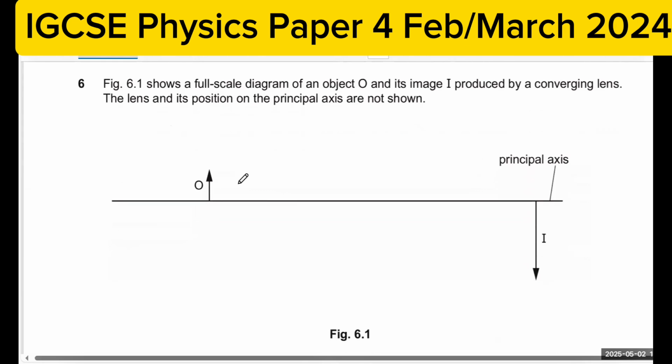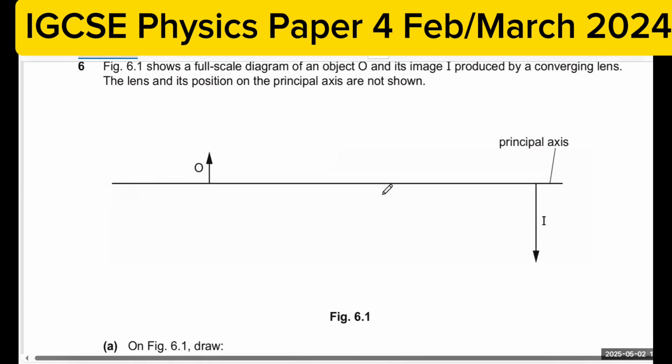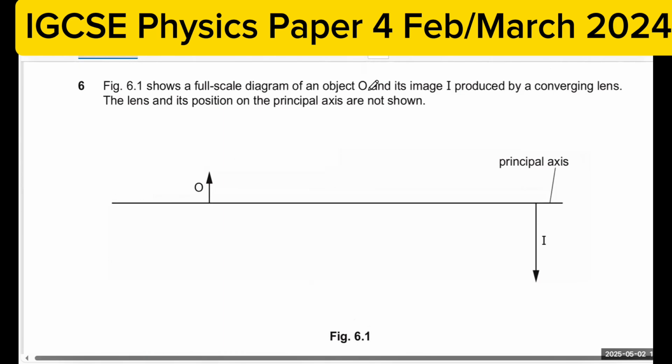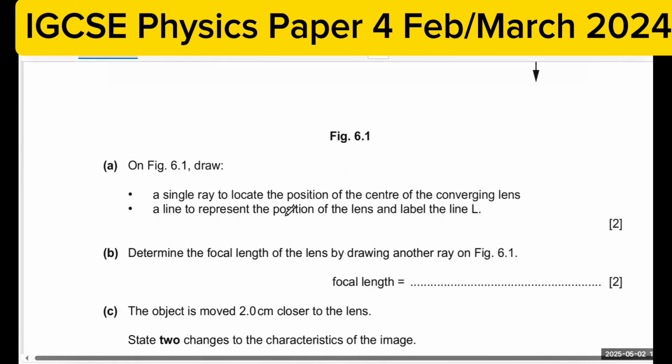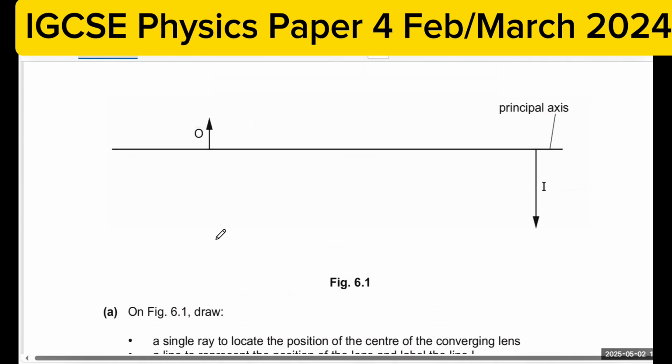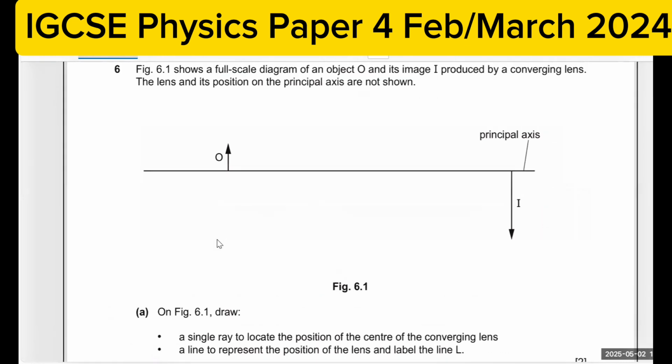Okay, figure 6.1 shows a full-scale diagram of the object and the image produced by the converging lens, this lens and its position. So principal axes are not shown. Okay, the question is: draw a single ray to locate the center of the converging lens, a line that represents the lens position. So very easy, and this is very important. First of all, you will join these two tips.